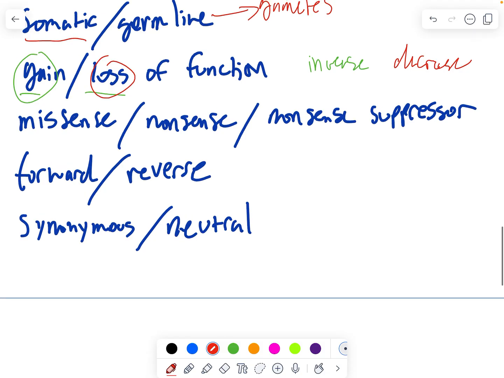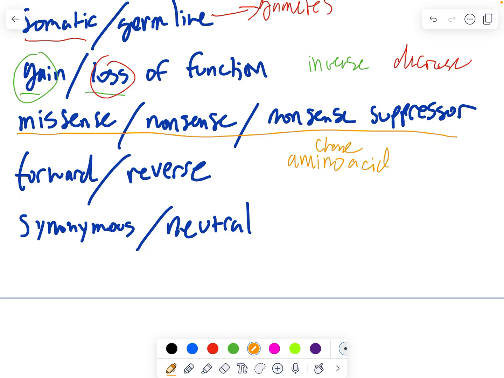For our point mutations, we're changing one single nucleotide. Those mutations can be missense if we change the amino acid that a codon codes for. Anytime we change our amino acid, then we are changing the sense. We have a missense mutation.